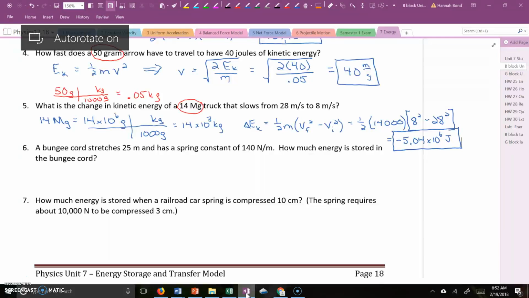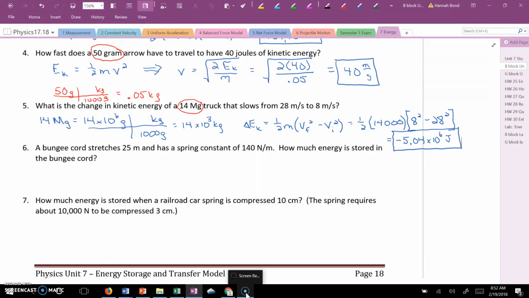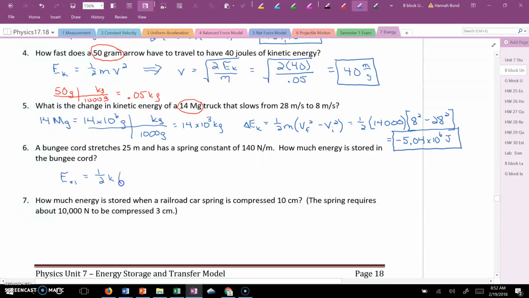Number 6 says that a bungee cord stretches 25 meters and it has a spring constant of 140 newtons per meter. And so if we'd like to know how much energy is stored in that bungee cord, we want to look at the elastic energy. It should be half of the spring constant times the displacement of the cord squared. They gave us all of this information in standard units, and so in this case we can just plug in.